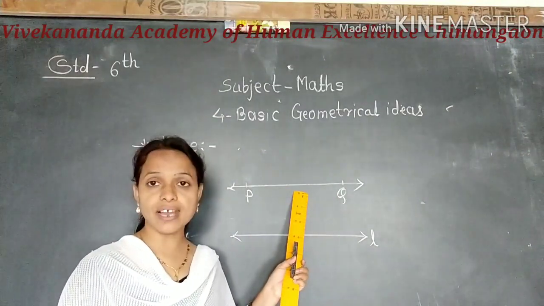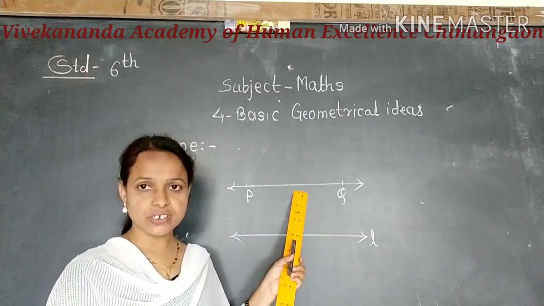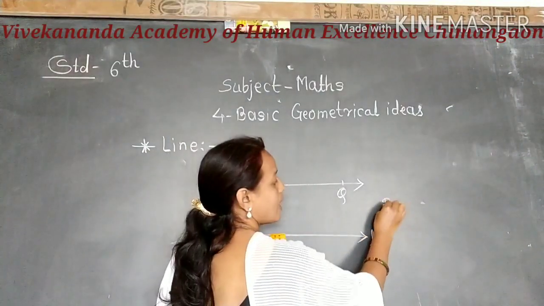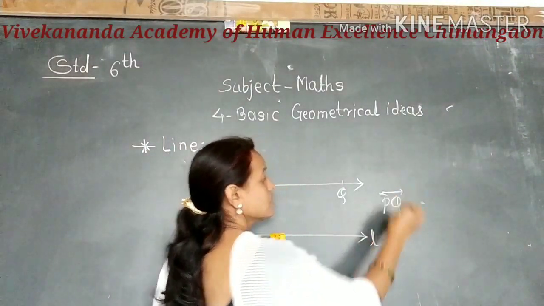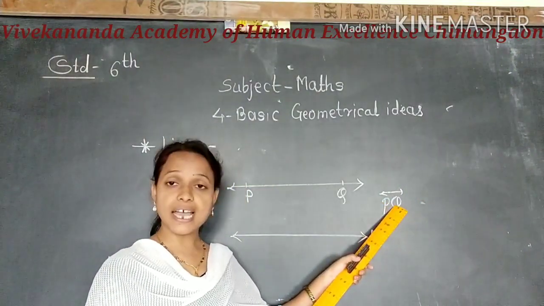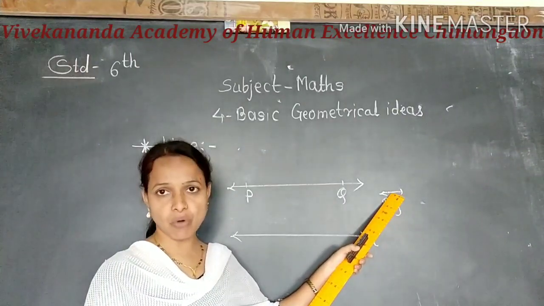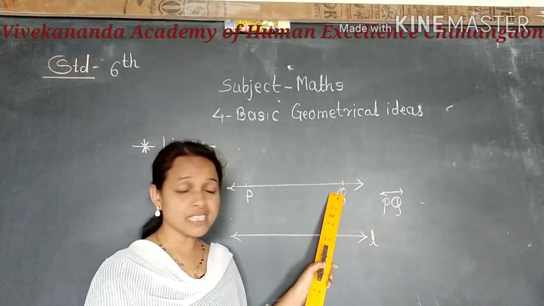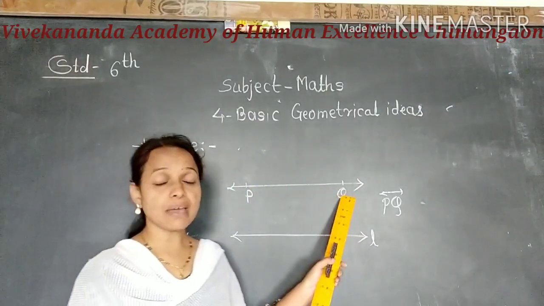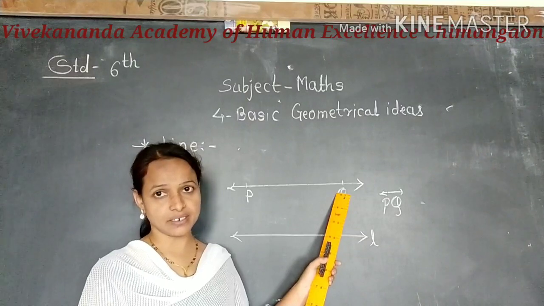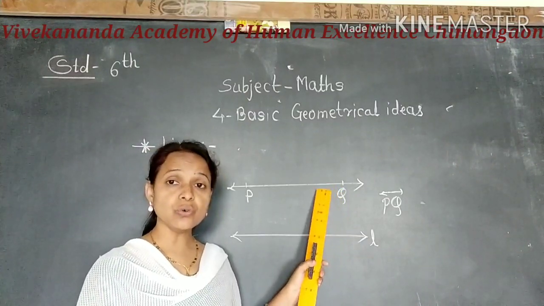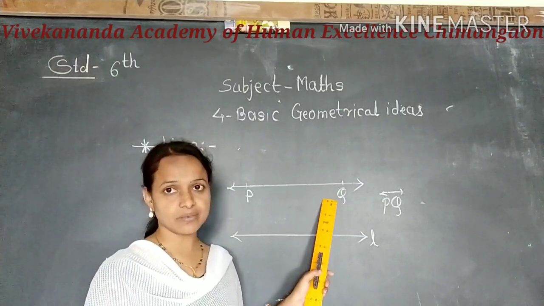This is the figure of line PQ. And just now we learned a line is denoted as PQ by using the symbol. We can write it as line PQ by using the symbol. Okay, in this figure, to denote the line we use 2 English capital letters.